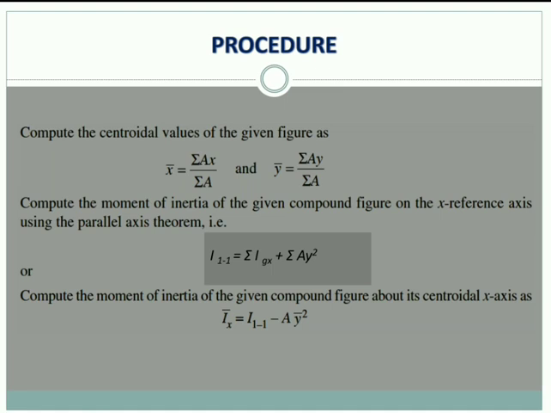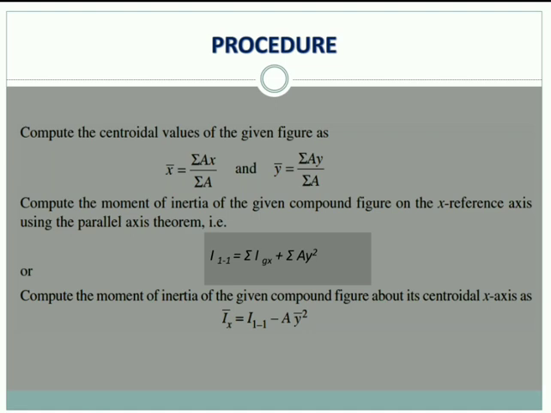So here first we obtain the moment of inertia I11. Then again using the parallel axis theorem, I11 is equal to I bar x plus A into y bar square.